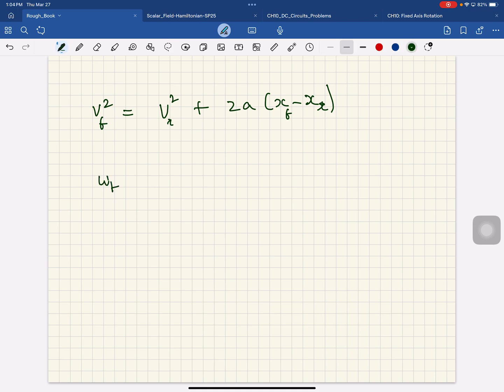Omega final squared equals omega initial squared plus 2 alpha times theta final minus theta initial. Very good. Those will be the kinematic equations for rotational motion. And when will they be valid? When alpha is constant.